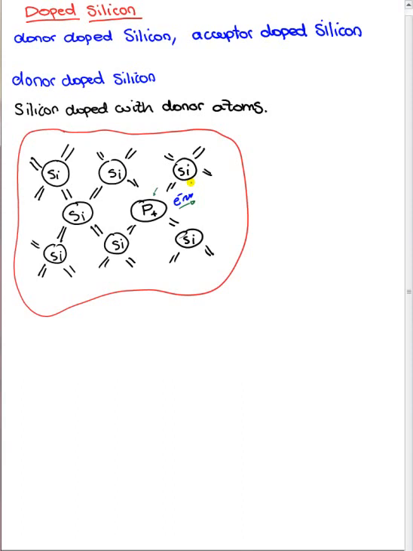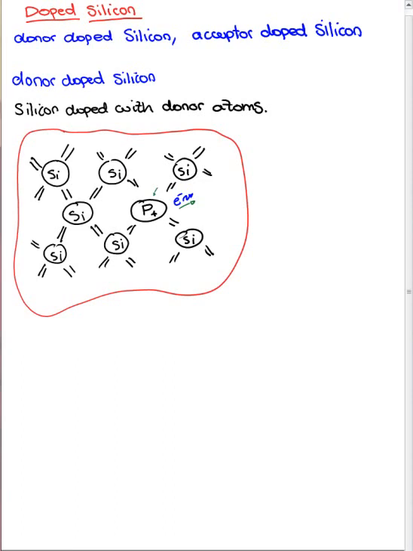So that creates what's called an N-type material because it has electrons that are free to move. And you can think that if you keep increasing the amount of phosphorus atoms, or the dopants that you put into this silicon, then you have more and more free electrons, and that's exactly what happens.